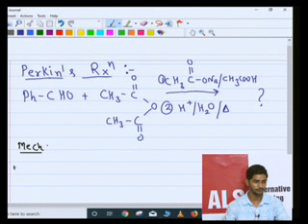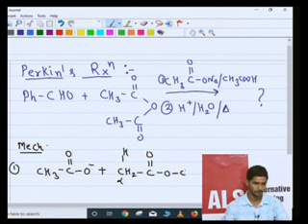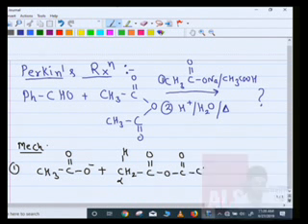See, this is your first step. Now we have got a base, CH3COO minus, and we know that this one has the alpha hydrogen, this is the alpha carbon. Now look at this. What will happen?